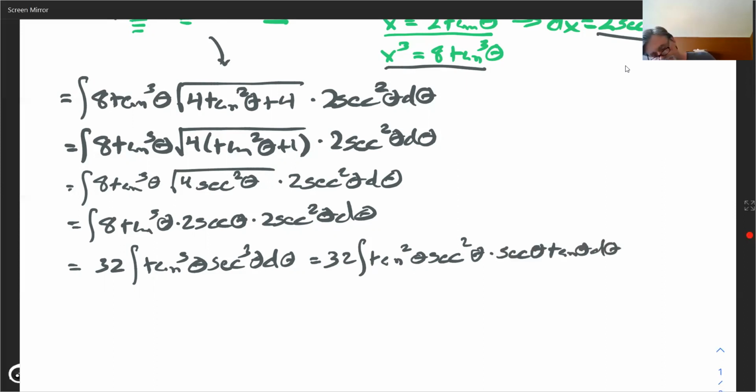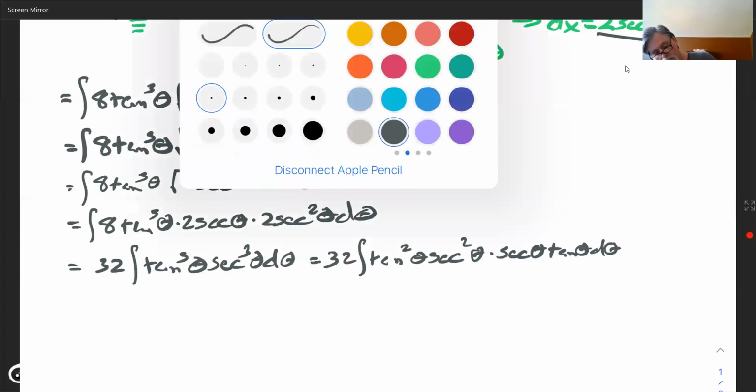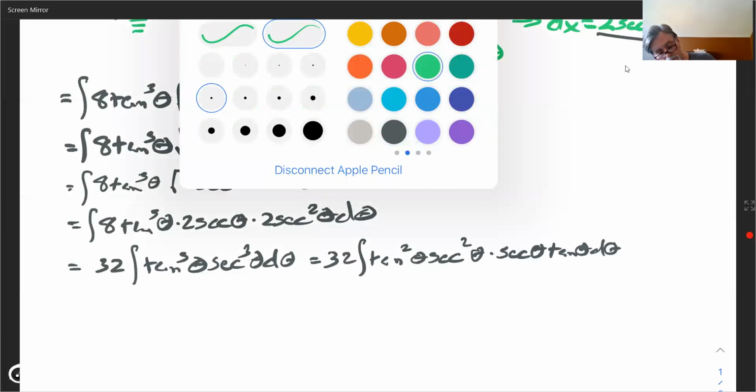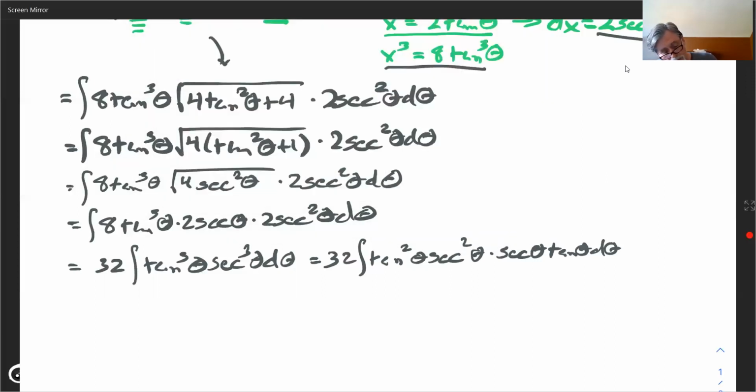But now, time for another substitution. In fact, I'll change the color on this substitution, okay? We're going to let u equal secant theta, because then du is the secant theta times the tangent theta d theta.